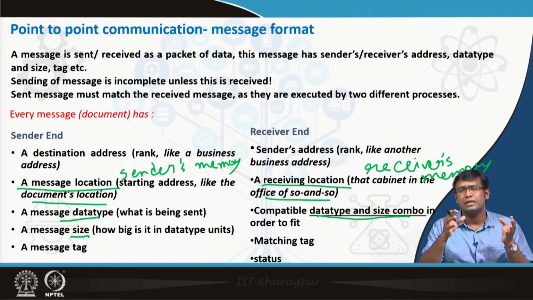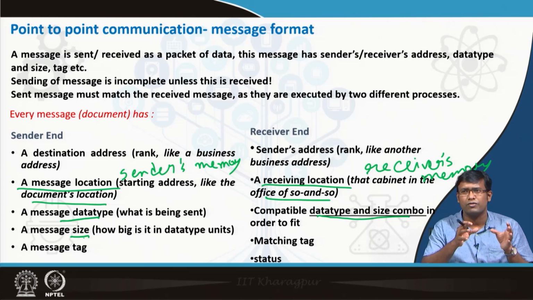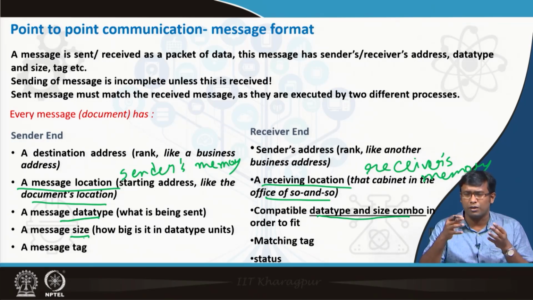So, in case the data type and size combo matches the sending, though the data type may not match, the sender is sending a few bytes of information. If the receiving bytes match, the data transfer will be successful, but the data type, real to real, integer to integer, float to float, also has to match for the right nature of the data being accepted.